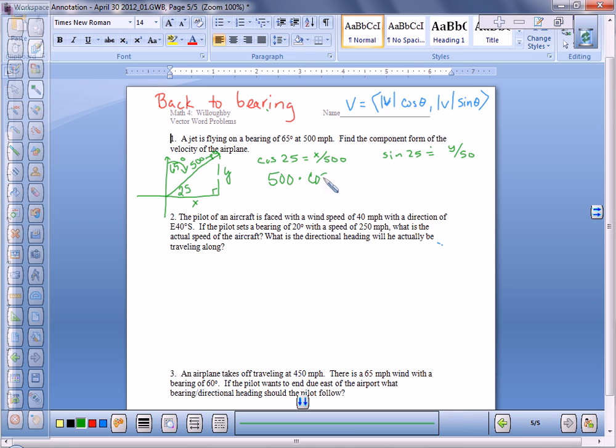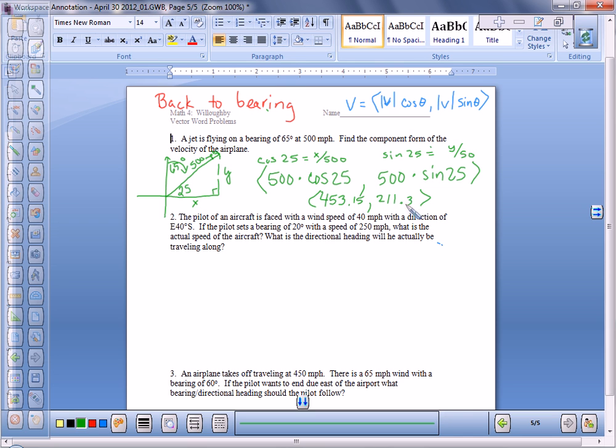And 500 times sine of 25 gives us our y. So in component form of a vector, this would give us 453.15, comma, 211.31.